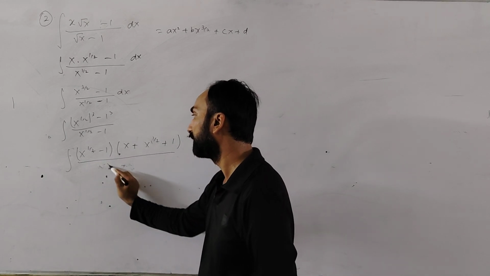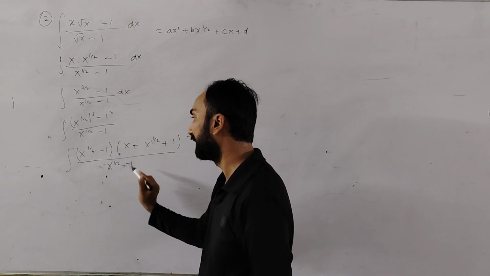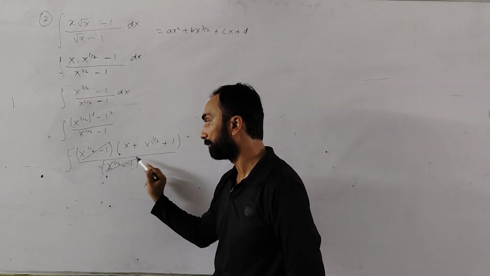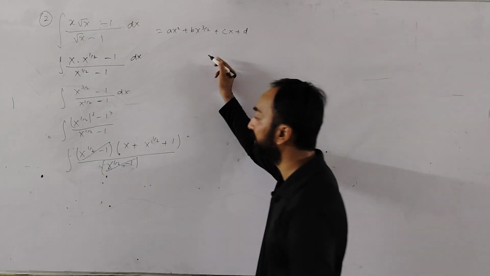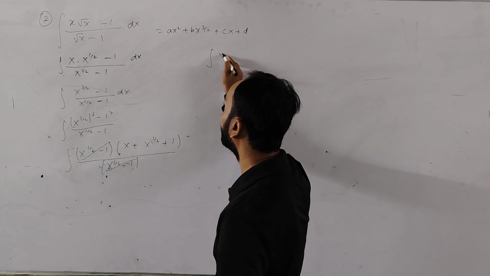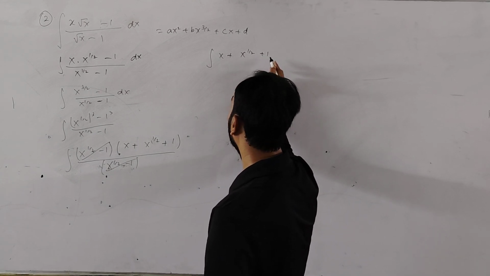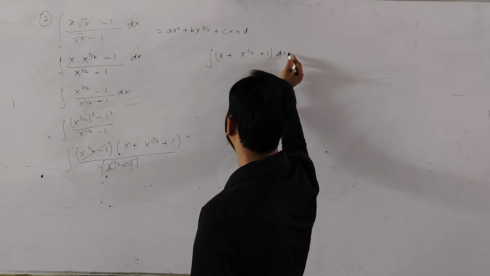And divided by x to the power half minus 1. Now I can cancel this part with that part. Now I will only be left with the integral of x plus x to the power half plus 1, and dx will continue as it is.